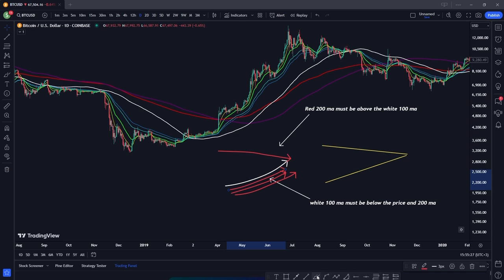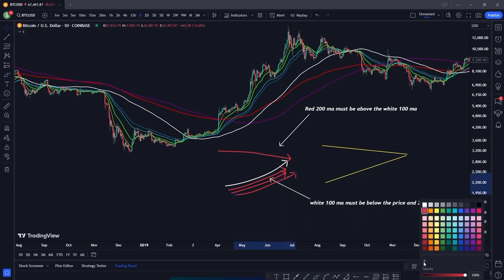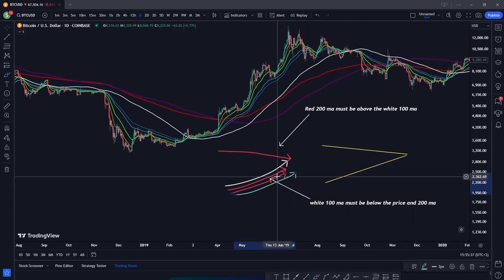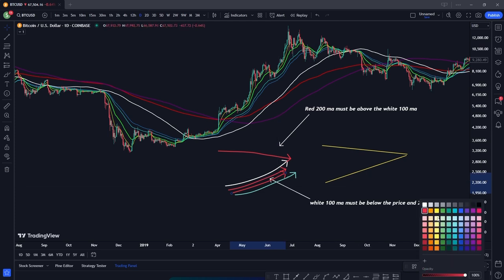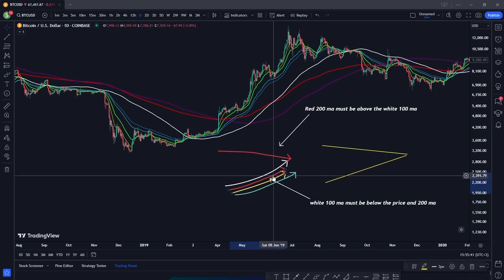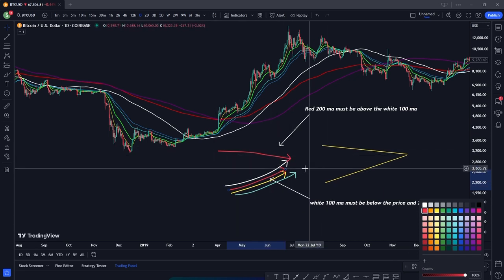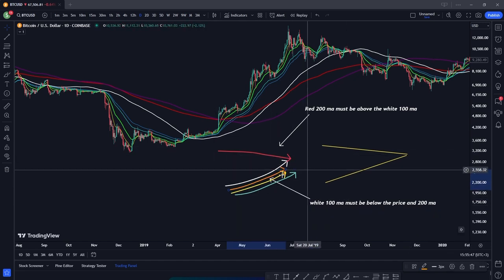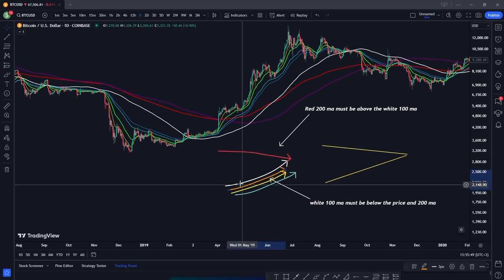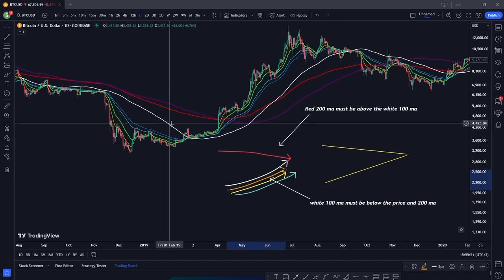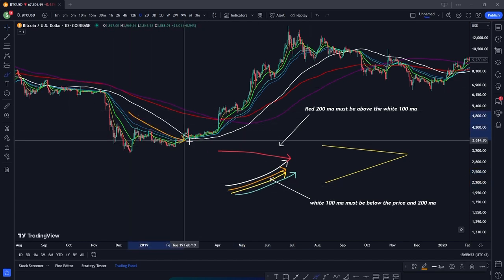That's an awful drawing, sorry for that, but let's make them green or whatever color. I have green, blue, and they're all important, but the most important are red and white. So these are the moving averages, right? The white is here. From the chart you can see this is the white one.